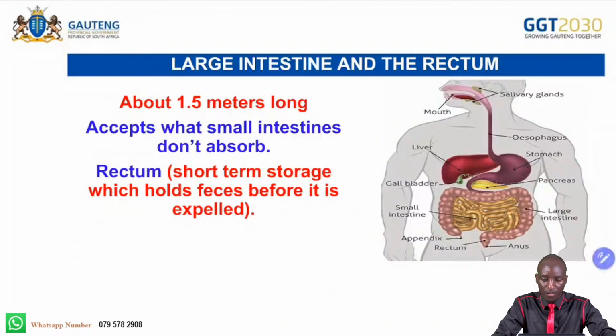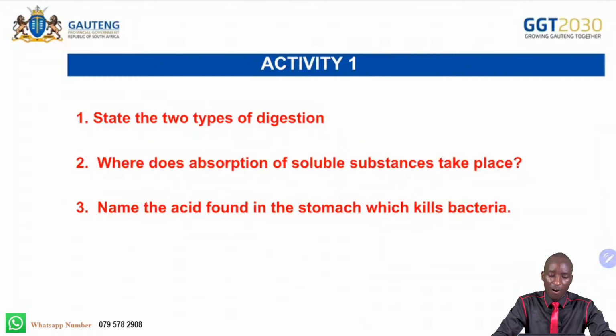Okay. Right. Let's move on and look at our first activity, activity number 1. We've got 3 questions. Number 1, state the 2 types of digestion. Number 2, where does absorption of soluble substances take place?